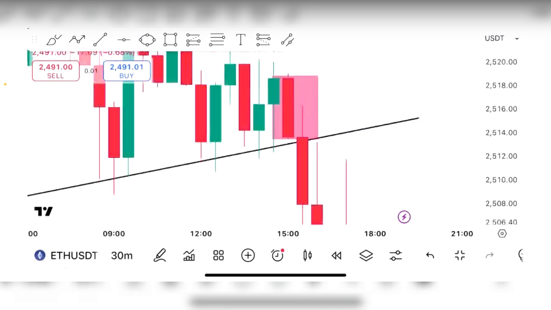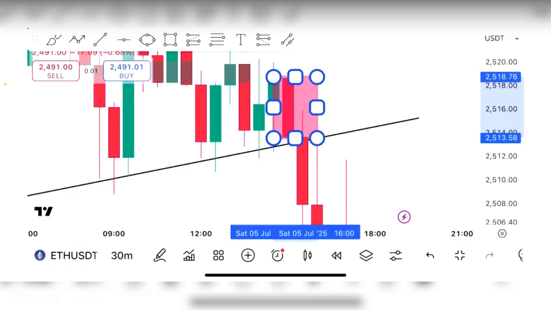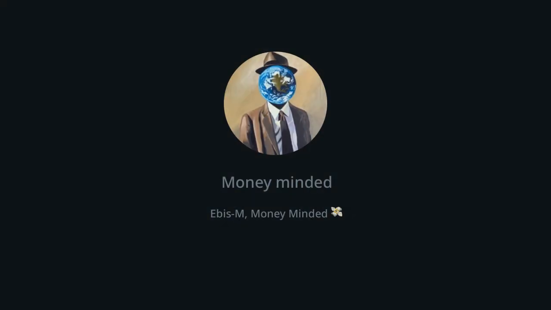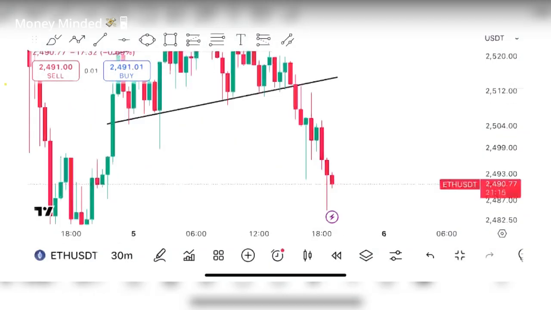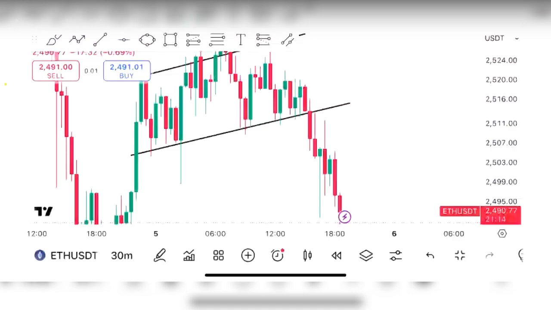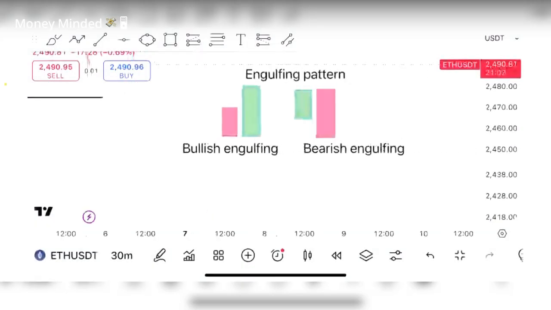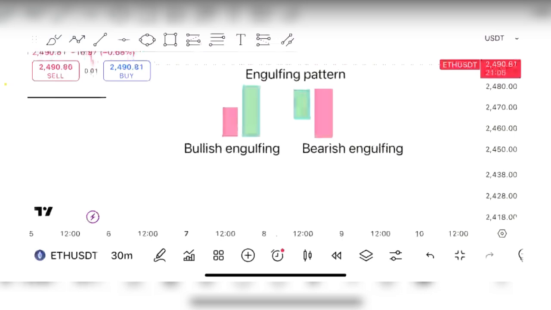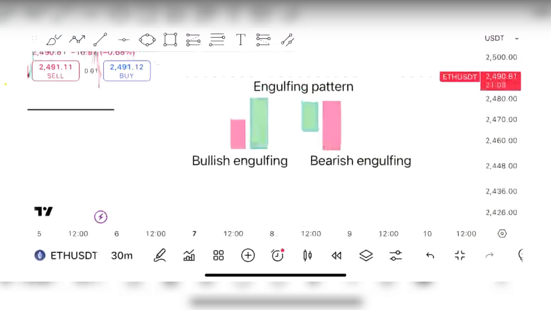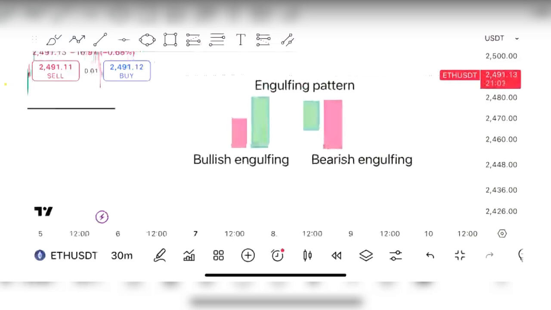Enter it at your point of interest. If you have a point of interest to sell or buy, you need either the bullish engulfing or the bearish engulfing to take your sell or your buy. That is what these confirmation patterns are used for.